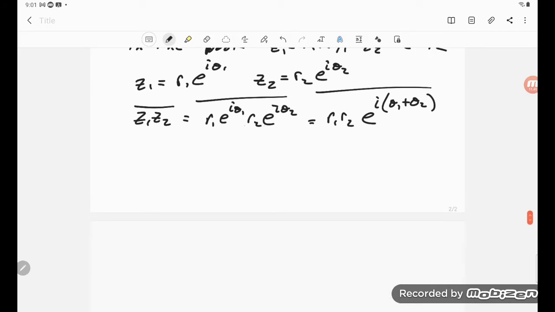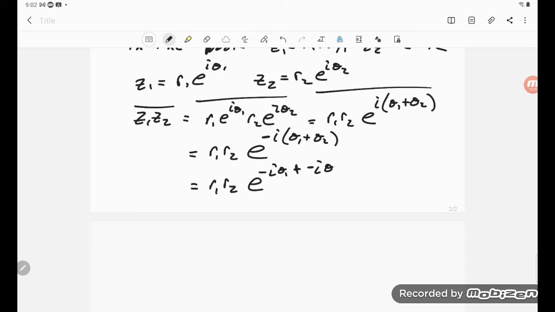Well, there is no conjugate to the r's because those are just real numbers. So it's all about the i theta up there. And so then this is r1 r2 e to the negative i theta 1 plus theta 2, which is r1 r2 e to the negative i theta 1 plus negative i theta 2.